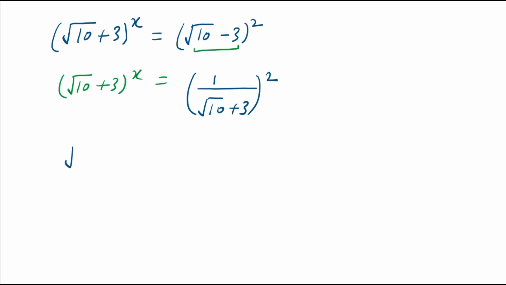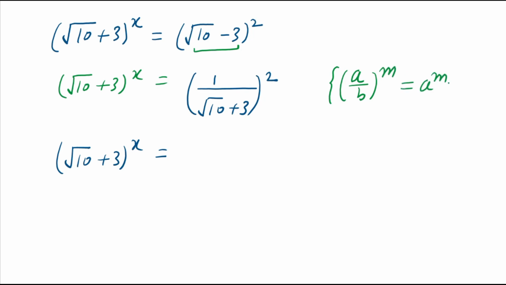Now on the left hand side is (square root of 10 plus 3) to the power x, and on the right hand side we will apply this rule: (a over b) to the power m is equal to a to the power m divided by b to the power m.